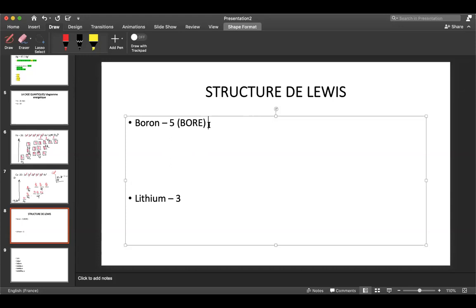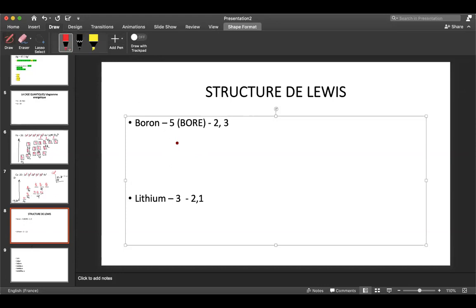So here, we just use the Zambian configuration, which is 2,1 for boron, 2,3. For lithium, 2,1.